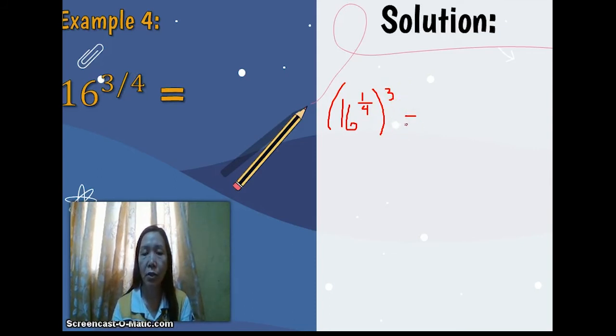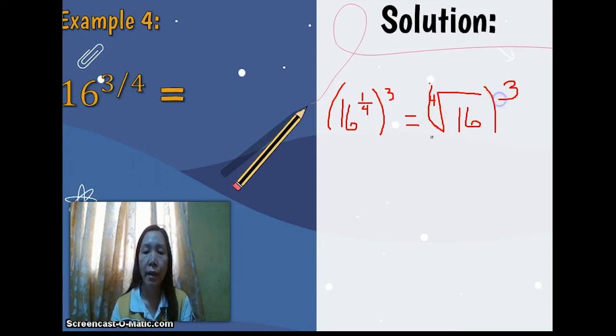Again, they are the same thing, nothing changed. Next, we're going to convert this into radical form. So this is the 4th root of 16, quantity raised to the power of 3.